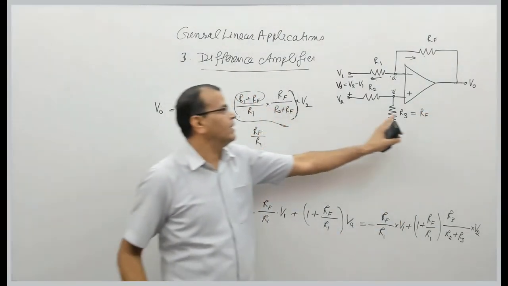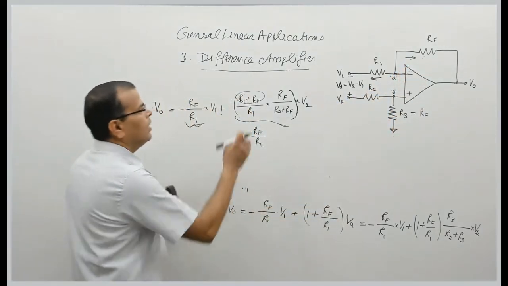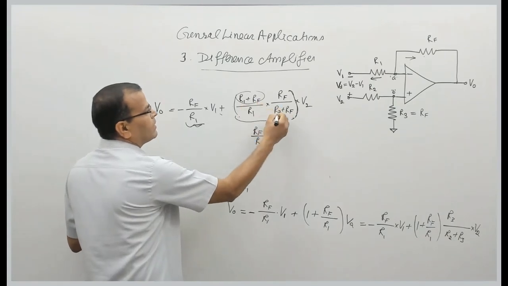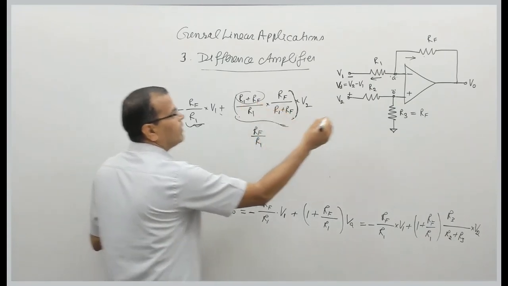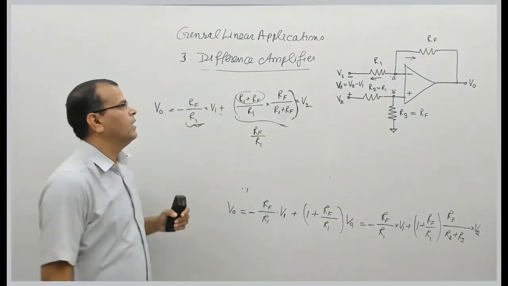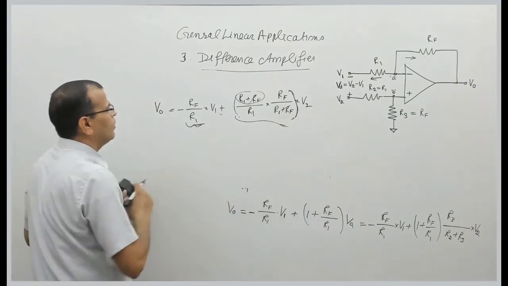I will select this resistance same as this resistance. Now for making this factor the same as this, I will say this is R1, so I will select R2 the same as R1. Fine. In that case, this and this are cancelled. So what do we get?